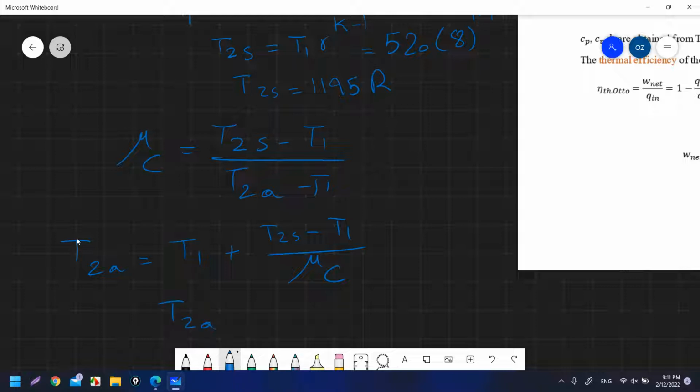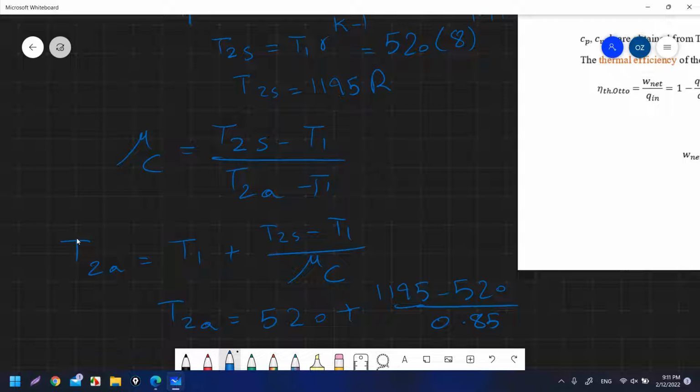So T2A is equal to T1, 520 Rankine, plus 1195 minus 520 Rankine over the isentropic efficiency 0.85.